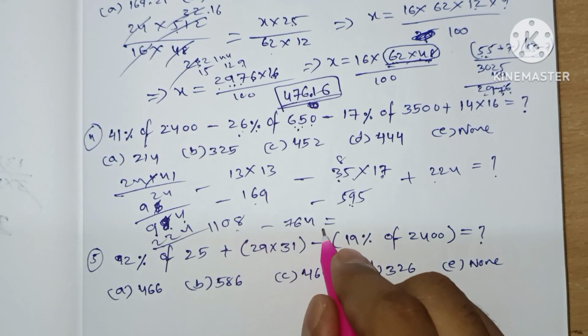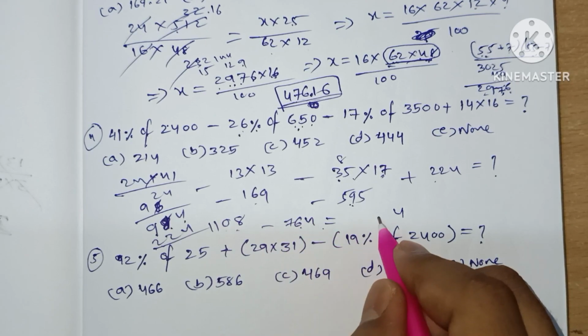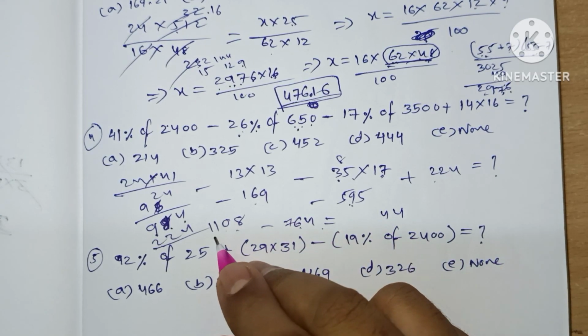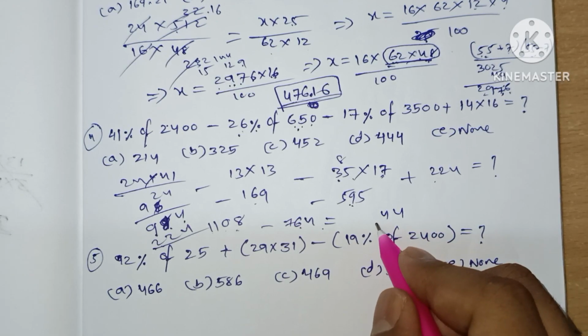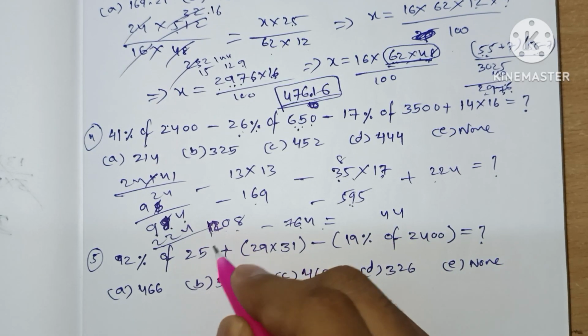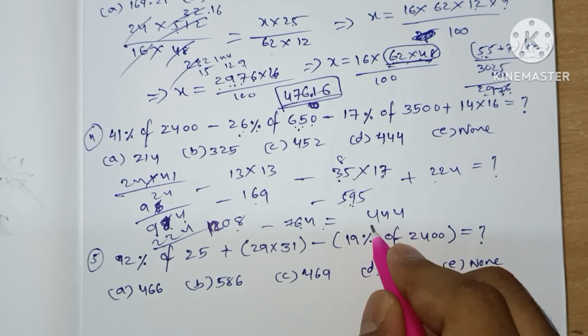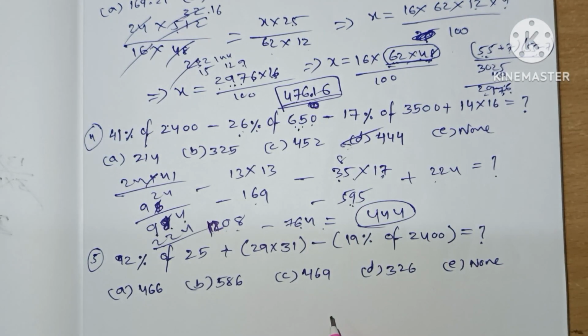So 8 minus 4, 4. 10 minus 6, 4. 10, 11 minus 7, which will be 4. It is 12, not 1, 1208. So our answer will be 4444. Option D is our answer.